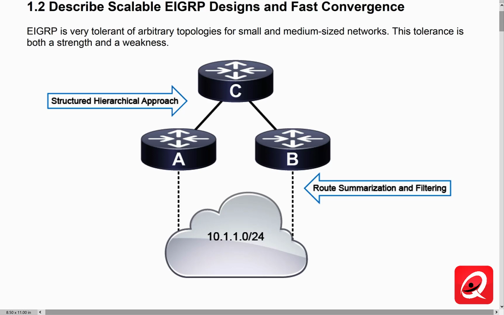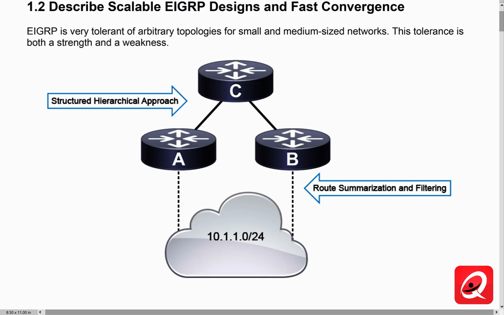OSPF doesn't have this feature built into it natively. There is a concept in OSPF where you can configure essentially the equivalent of a feasible successor. It's called an OSPF loop-free alternate route. But in EIGRP, the concept is built in to the algorithm.